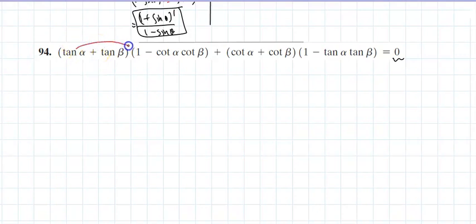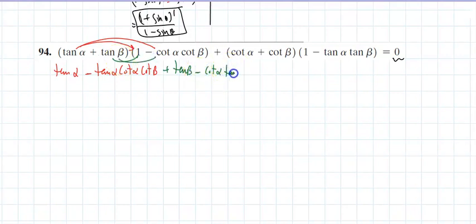Let me just FOIL. That's tan of alpha minus tan of alpha, cotan of alpha, cotan of beta, plus tan of beta minus cotan of alpha, tan of beta, cotan of beta.